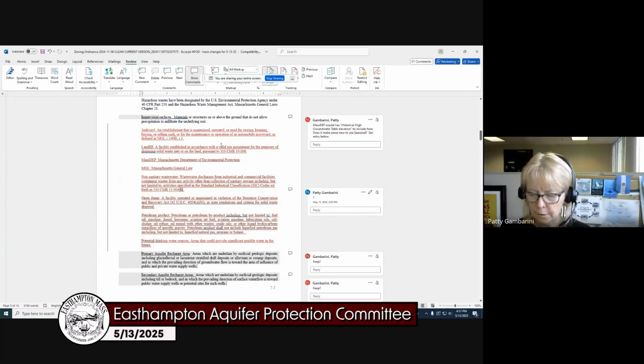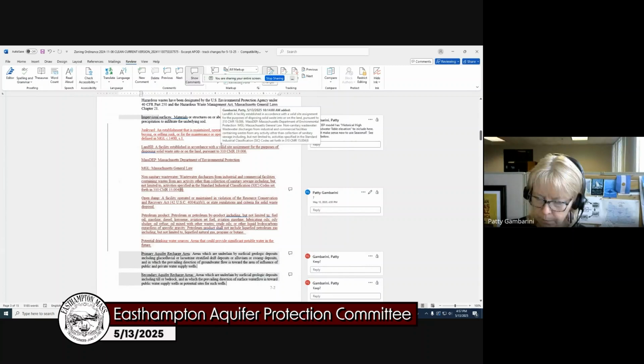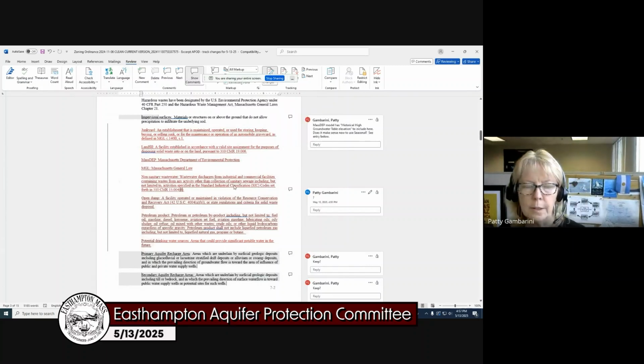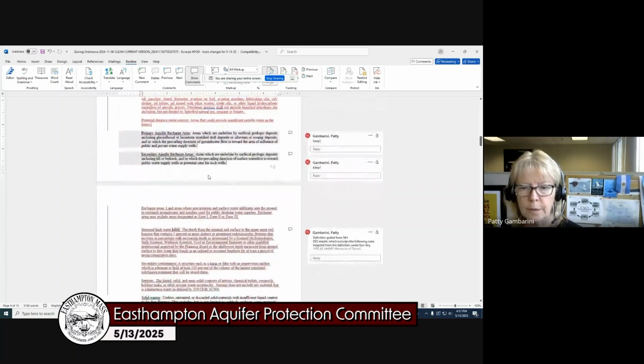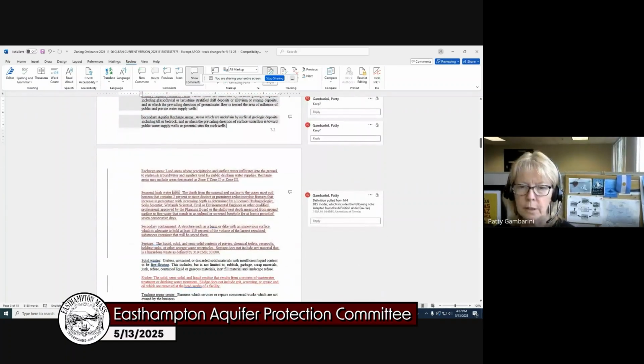Okay, I'll look at that. Because South Hadley has an actual delineated Zone 3. When the modeling happened, USGS actually did the work of defining it. It wasn't just Mass DEP. USGS went and did a lot of ground truthing there.